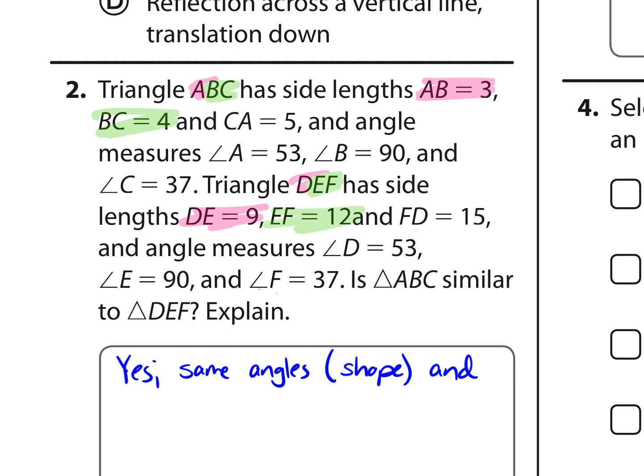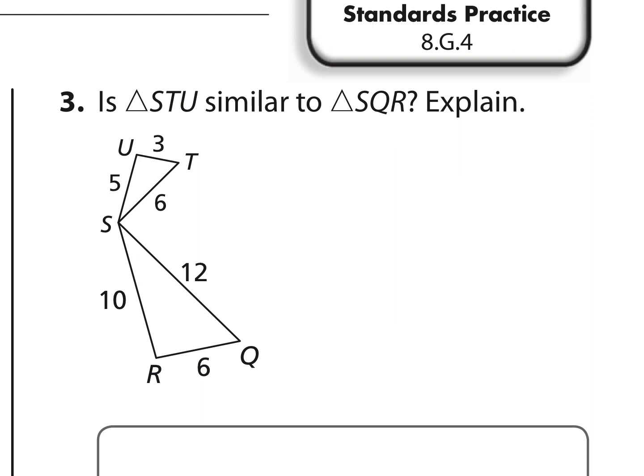EF is 12 units. AC or CA is 5 units. DF or FD is 15 units. Every time they're multiplying by 3. So they have the same angles or shape and a scale factor of 3.